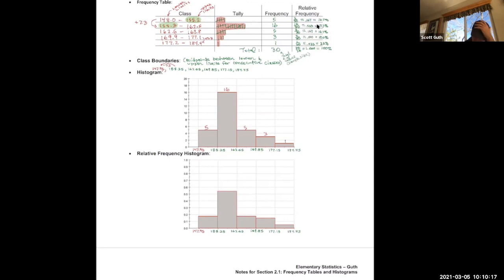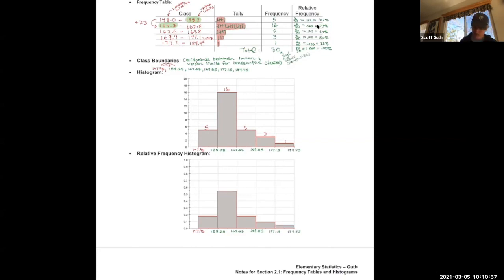Then a 0.1. And a 0.03. Yeah, this last one's going to give me a little trouble.